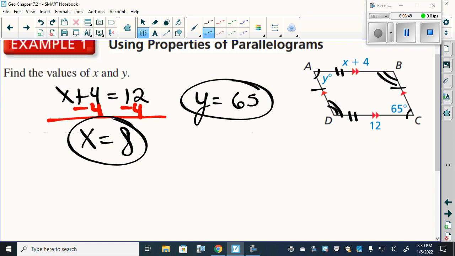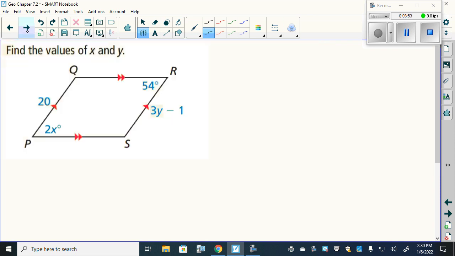Any questions on this here? Let's look at this one here. Now, because it is a parallelogram, we know that the opposite sides are going to be congruent. And we also know that the opposite angles are congruent.